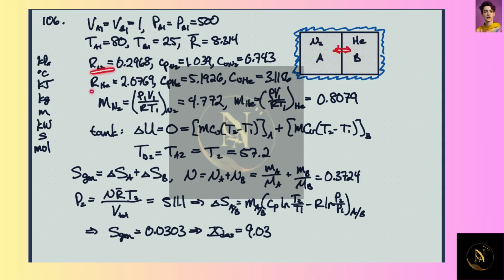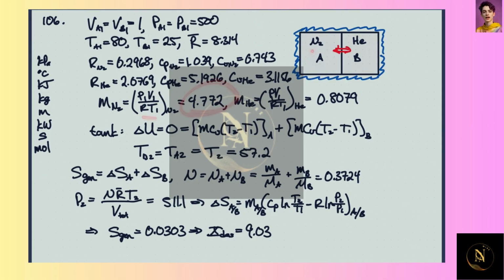Now we can get the ideal gas constants for the nitrogen and for the helium, the heat capacities for each of the gases, and we're also going to wind up using the universal ideal gas constant. Now, we can figure out the mass of the nitrogen because we know the pressure, the volume, and the temperature, and the ideal gas constant for the nitrogen in the first state.